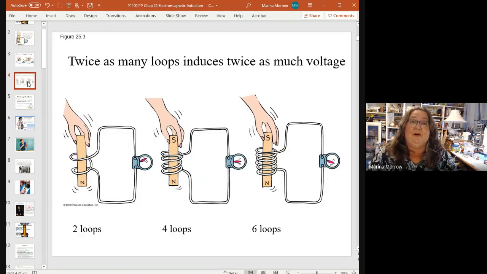And the more coils or turns or loops of the coil, the more voltage you get. So 2 loops here, maybe that's 1 volt. 4 loops, maybe you've got 2 volts. And with 6 loops, maybe you've got 3 volts. Okay, so it's proportional to the number of loops.